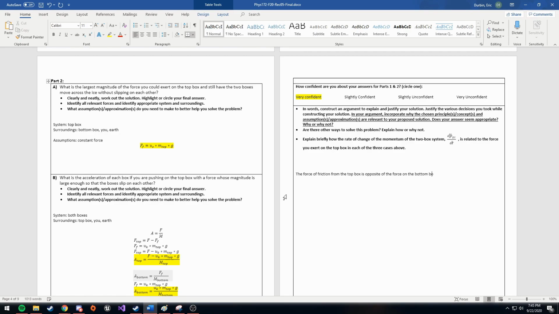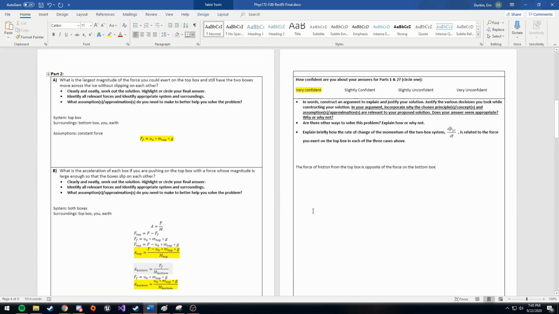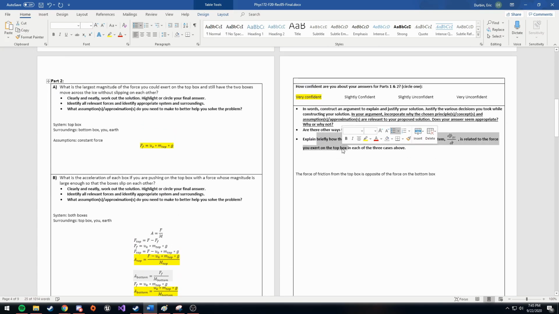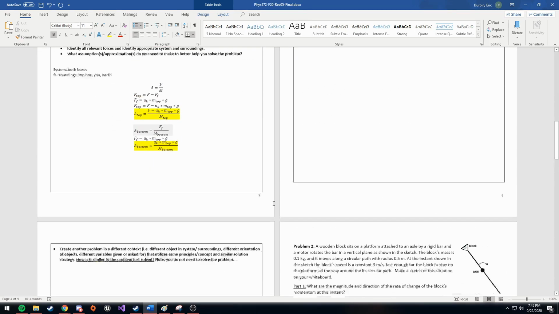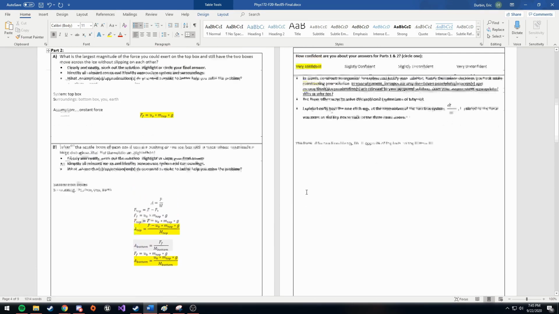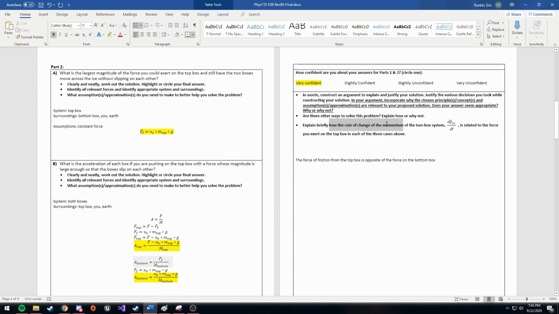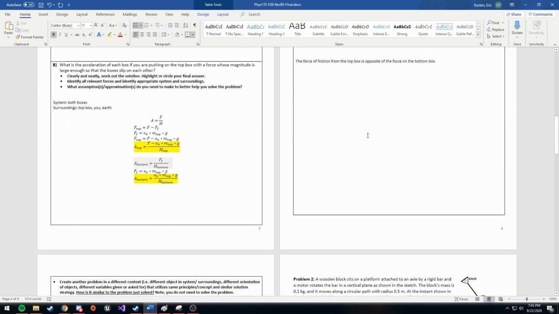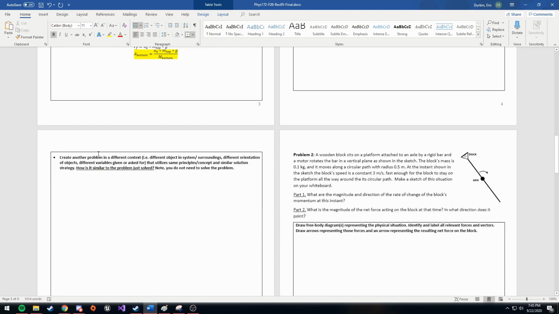Okay, I'm sure we can do the next problem pretty quickly, hopefully. This one was just a bit confusing in conception. It says explain briefly how the rate of change of momentum is related to the force you exert on the top box. And then it also says create another problem in a different context.